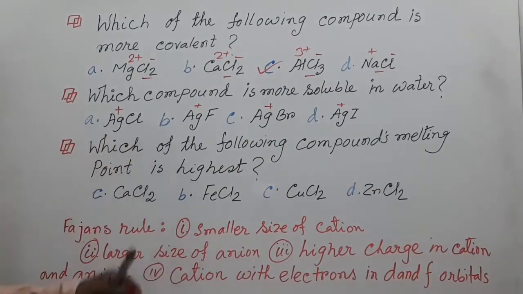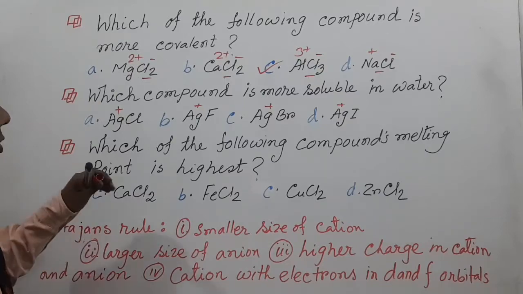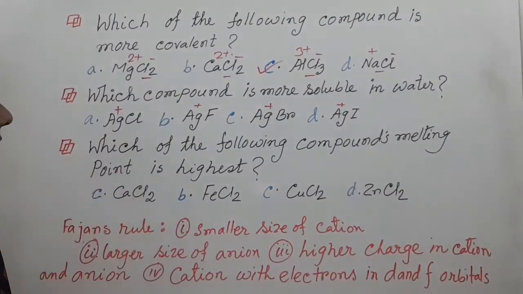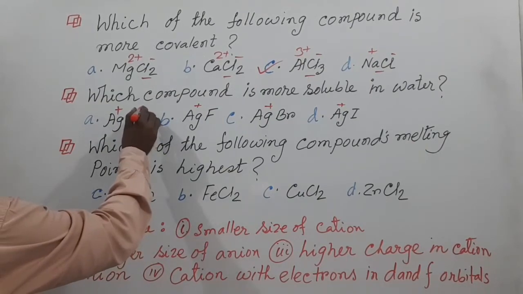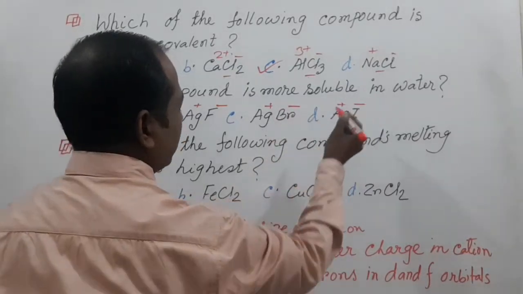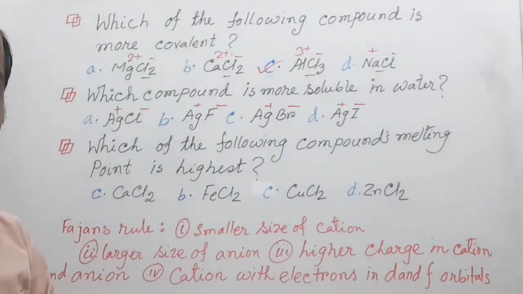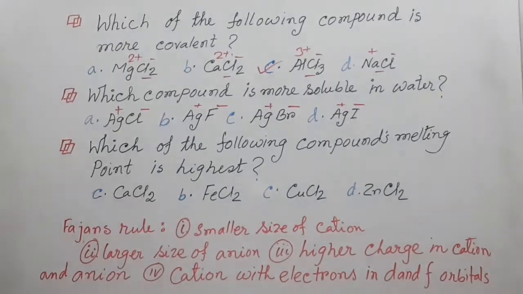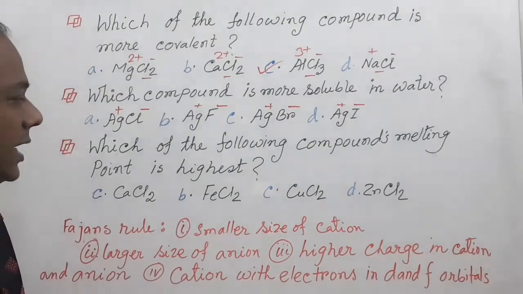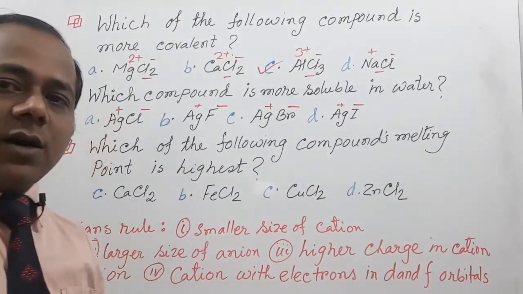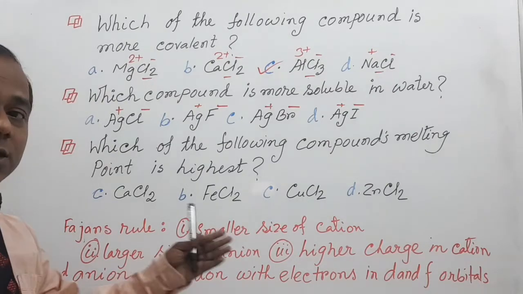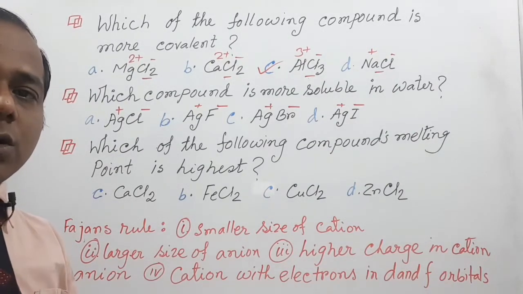The cation is silver, so we cannot explain the character by the cation. And if we see the anions here, they are chloride, fluoride, bromide, and iodide. According to Fajans' rule, my dear students, when the size of the anion is large and the charge density of the anion is high, then that compound is more covalent.